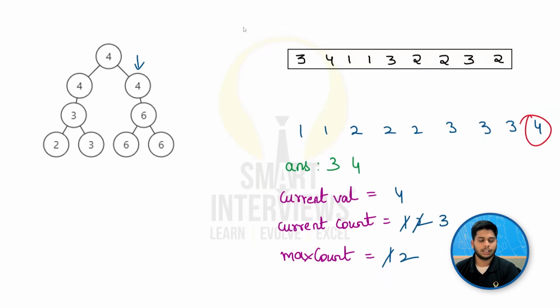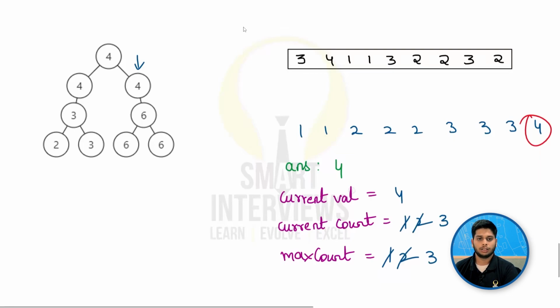And as we see, the current count is greater than the max count. So update the max count as well to 3. And as we discussed earlier, if you are updating the max count, remove the elements from the existing answer and add the current value again. So here we are going to remove both 3 and 4 and then add 4 again.